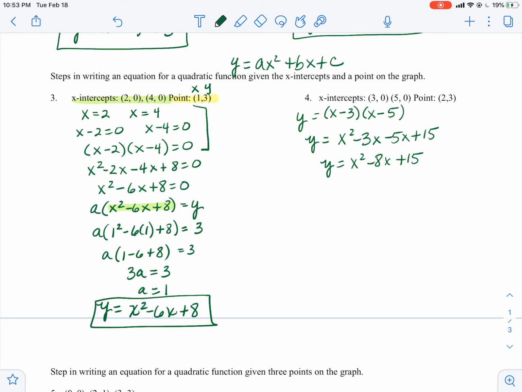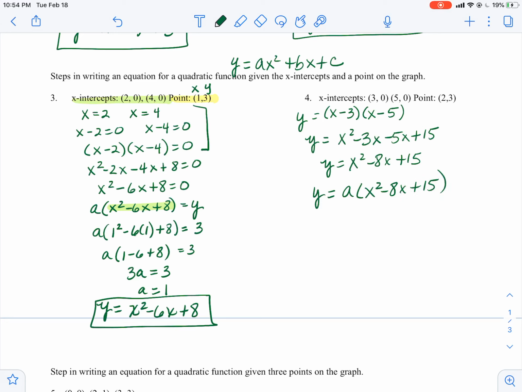Okay, so again, now I need to check my a value. Did I take out a common factor before I began? So I'm going to check for an a value. Was there one?